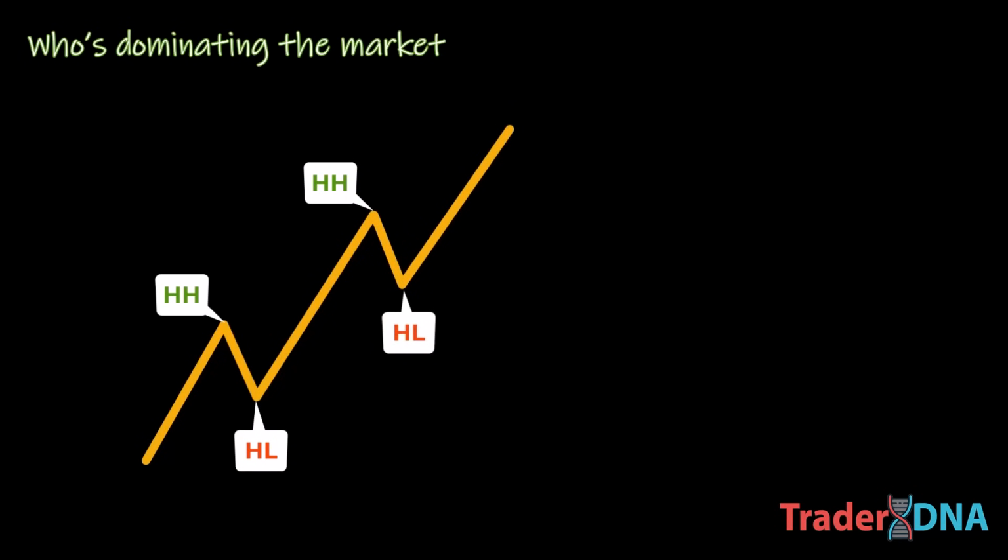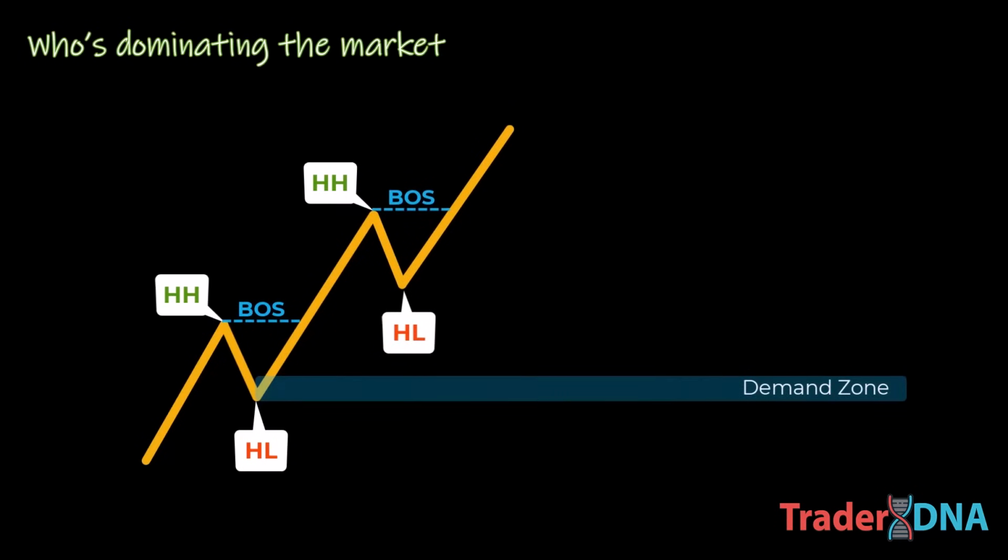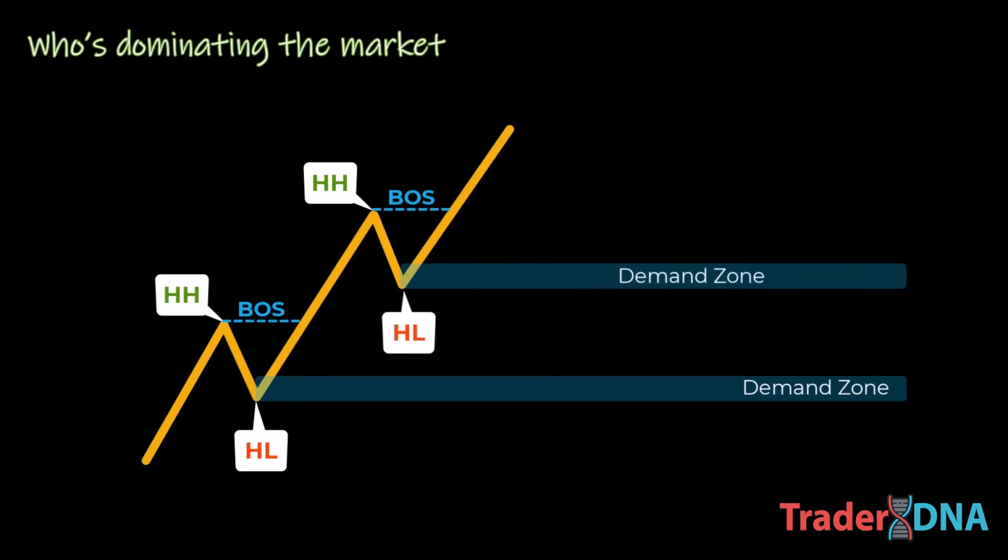Each time price pushes upward and breaks market structure with inefficiency, it leaves behind a new demand zone. Now here's the important part. Those demand zones stay relevant until they get mitigated, meaning until price comes back to test them. When it does, that's your opportunity to follow the dominant trend and look for long entries.